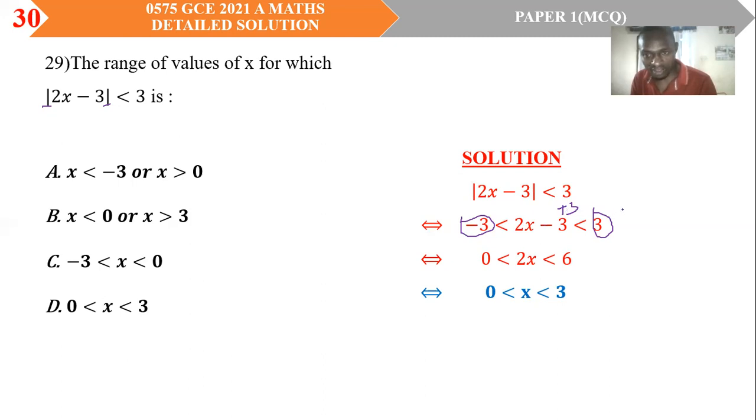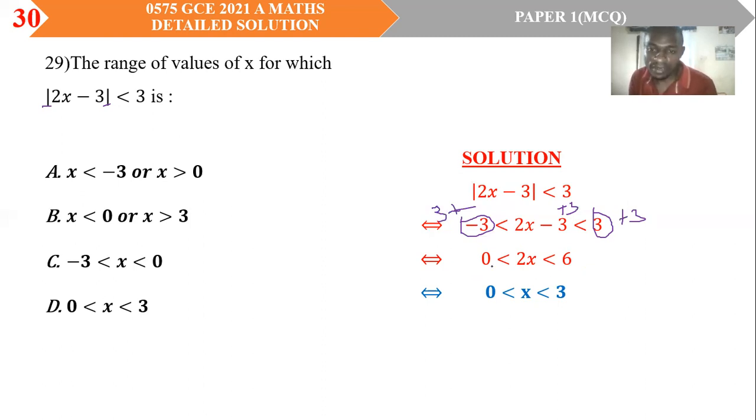If I add 3 here, I should also add 3 here, and also on this side. When I add 3 here, negative 3 plus 3 gives 0. We are left with 2x here. 3 plus 3 gives 6.